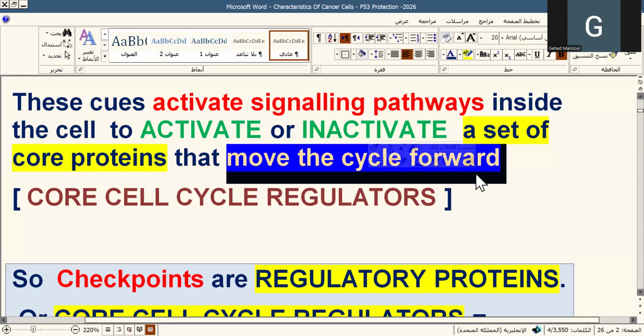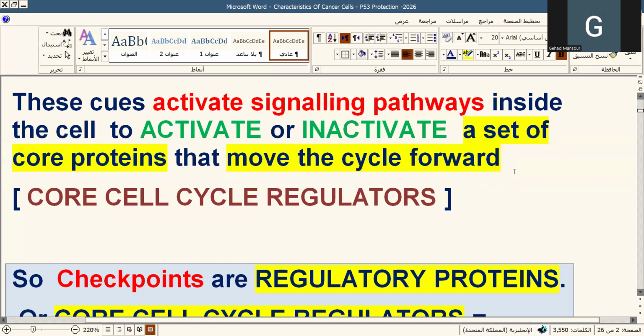So principally or essentially, the core proteins are here to activate the cell cycle, to move the cell cycle forward. But if their function is to move the cell cycle forward, how then are we saying that they can stimulate or inhibit the cell cycle?